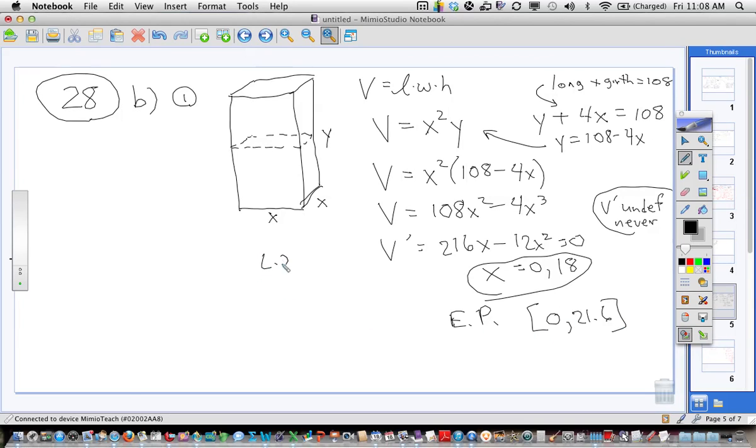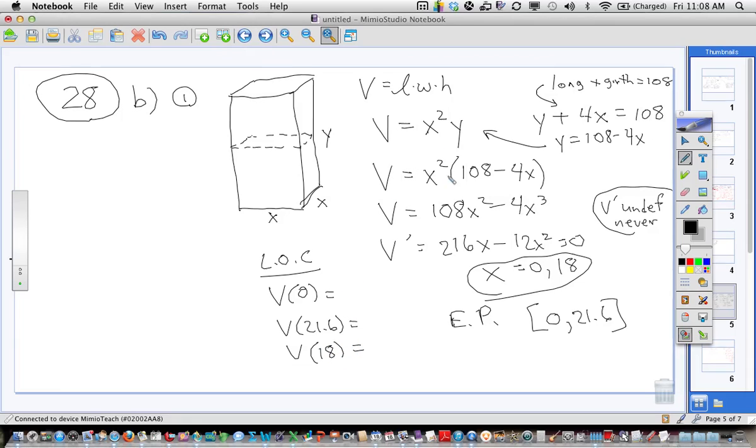All right, so now we can do our list of candidates. And so where do we plug these? The original is V, right? We've got a lot of equations going on here, so it's always important to keep track of what we want. So V of 0, V of 21.6, and V of 18.